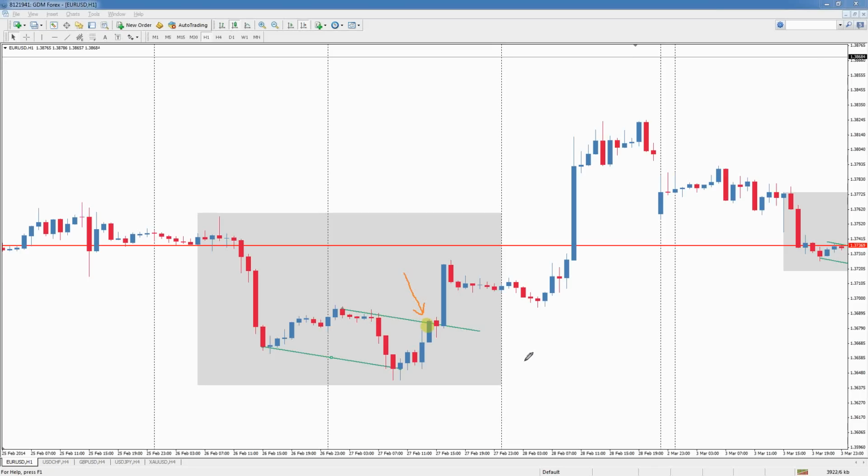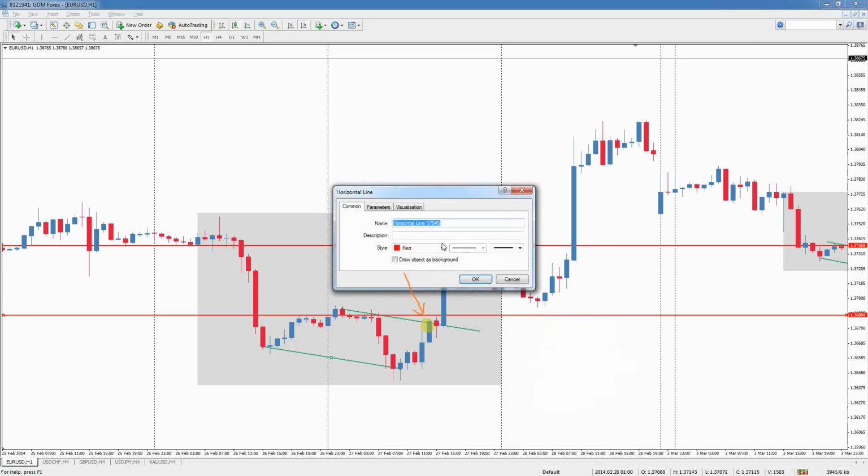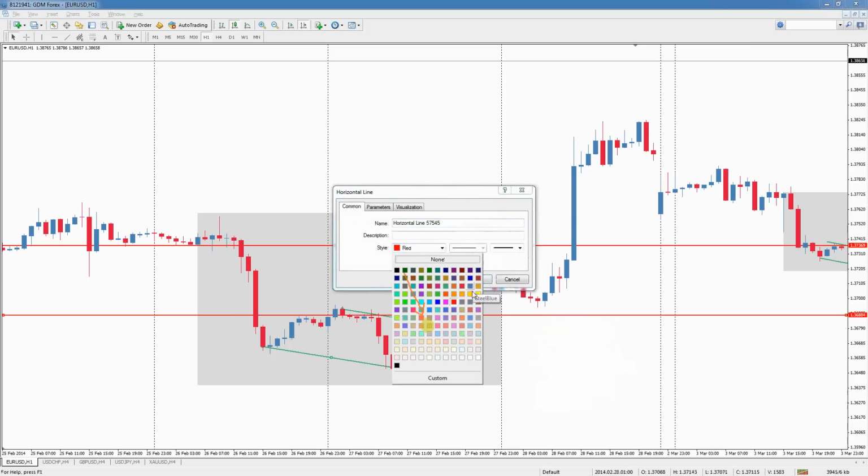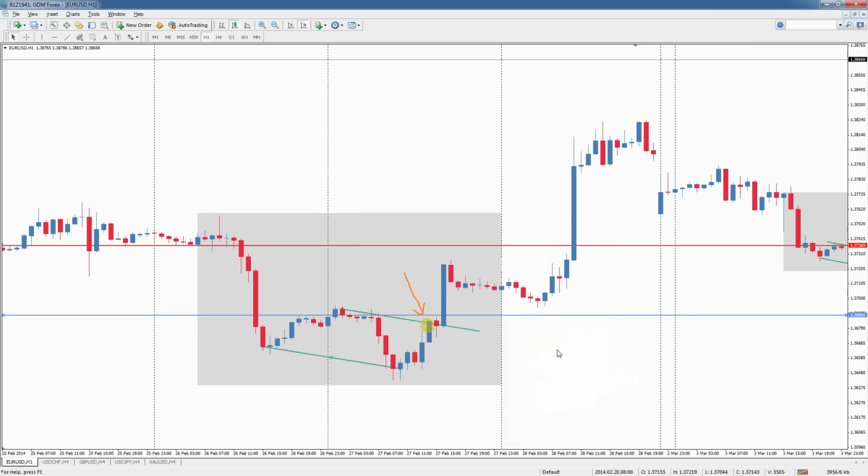So in this case, our signal bar, which we marked on the chart, closes above the green line. What we could do is put a buy stop order 5-10 pips above it. Let's say up here. I'm going to make this line blue. There we go.